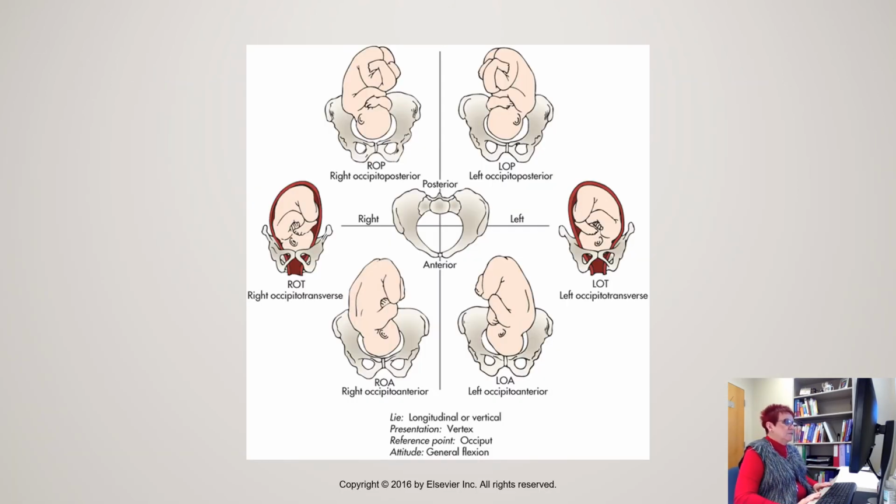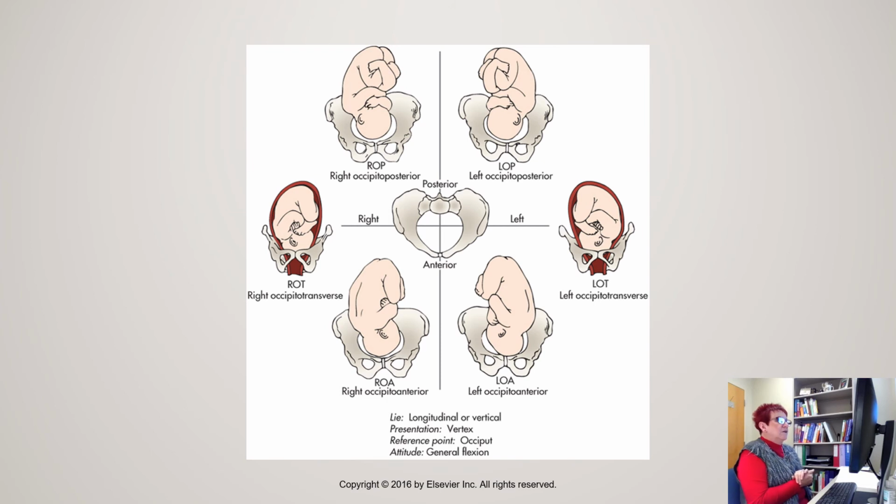Okay, here's some more positions. As we said, the three-letter designation. The ROA is the right occiput anterior. That means it's on the right of our right, and it's toward the mama's front of her pelvis. The left is just the opposite. And then you see the ROT and the LOT, the ROP and the LOP.